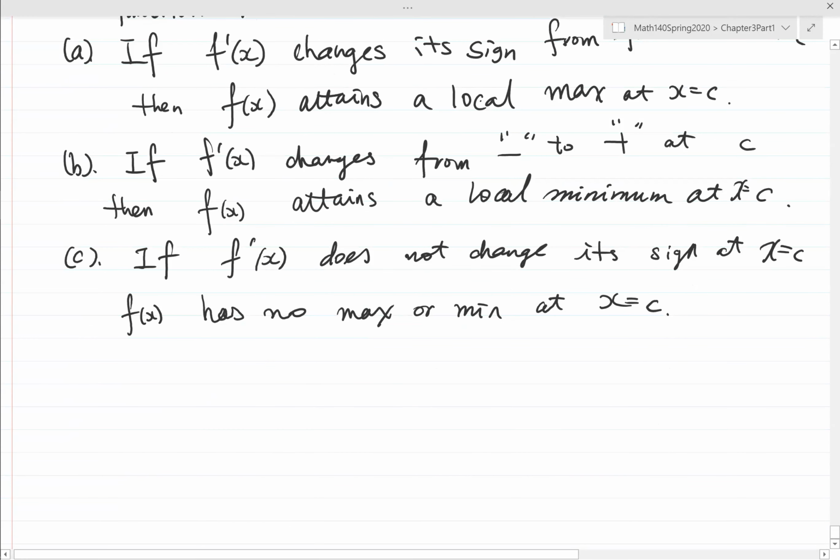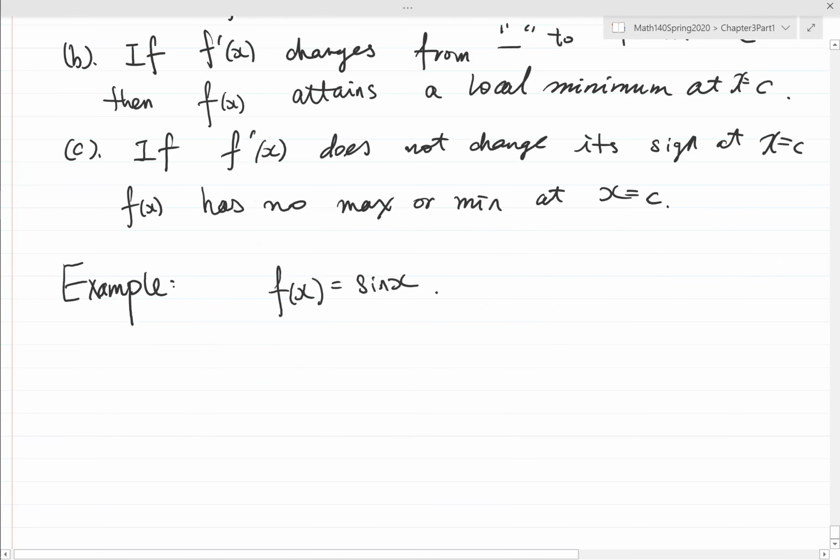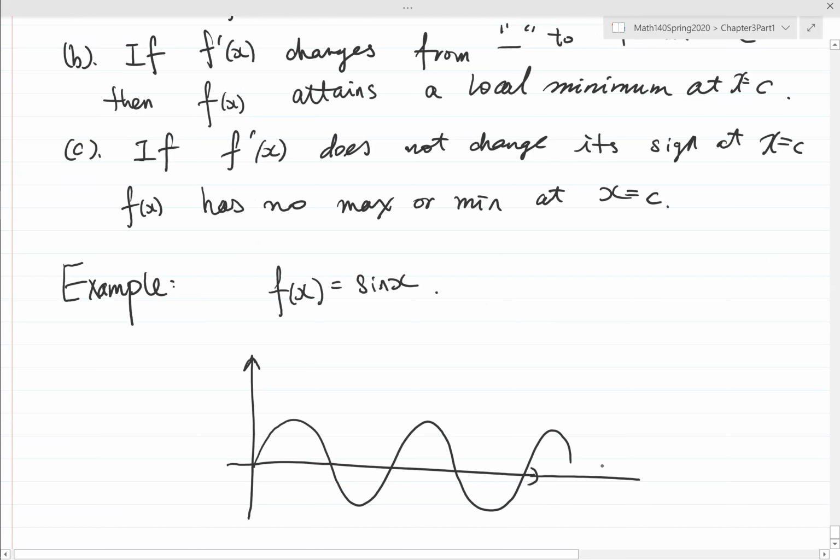Okay, now for example, f(x) equals sine x. Now its graph looks like this if you plot the sine x graph. Now this is pi over 2, this is 3 pi over 2, this is pi.